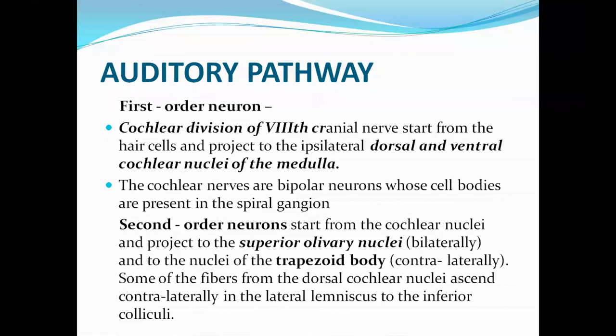The first order neuron consists of the cochlear division of the eighth cranial nerve that starts from the hair cells and projects to the ipsilateral dorsal and ventral cochlear nuclei of the medulla.